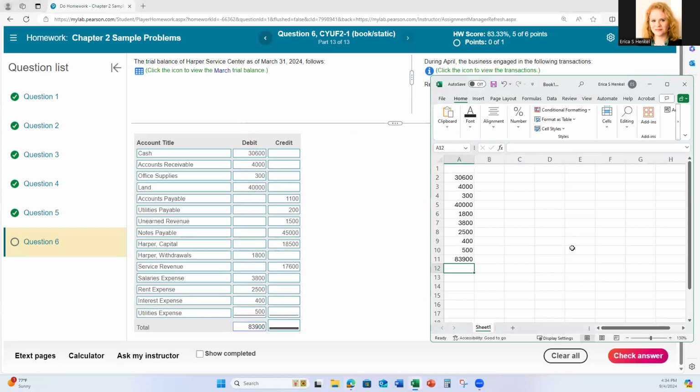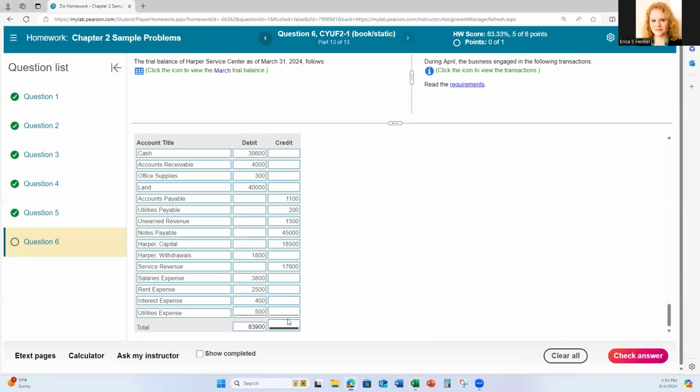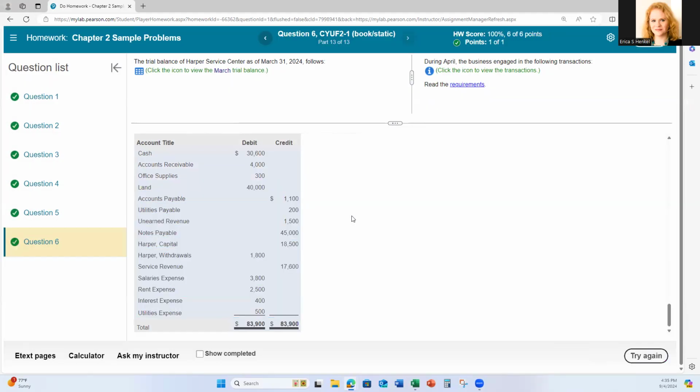Right, and then let's go to the other side. And it's the same. All right, and so you'll know if you've got it equal on both sides, you probably have it correct. If you add yours up and they're not coming up, then you have one of these maybe on the wrong side. So double check if you've got it debits versus credits. And that is the last sample problem for chapter 2.